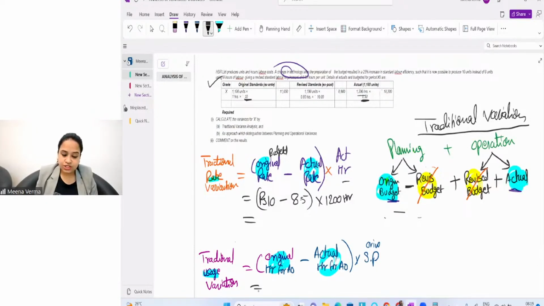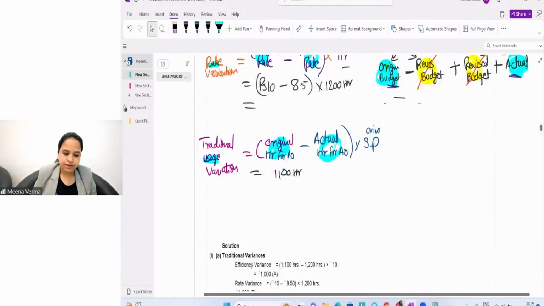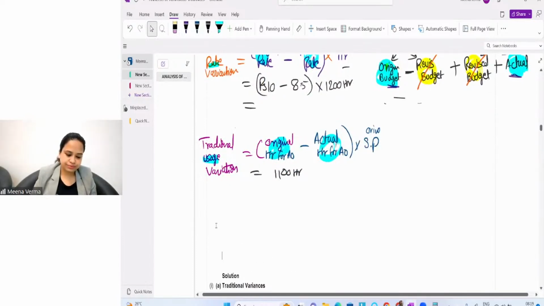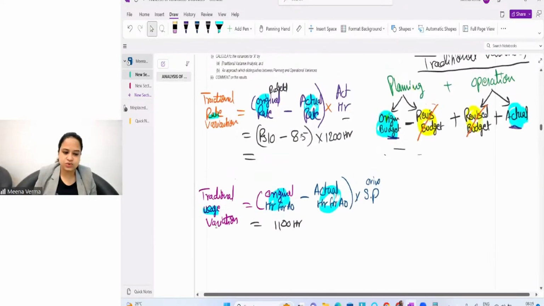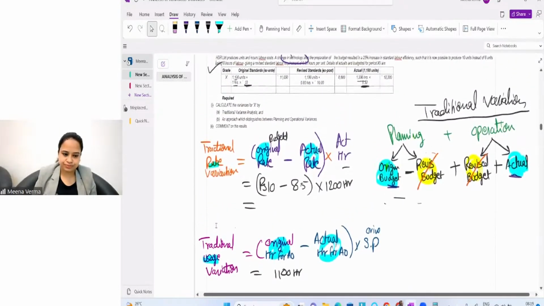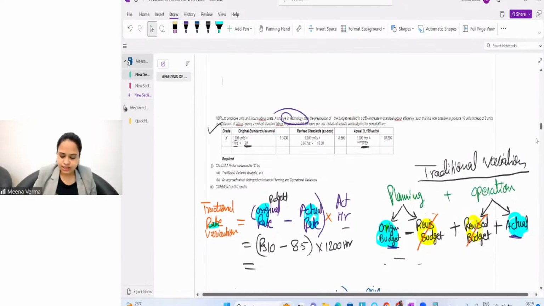Similarly, original hour for actual output. Original hour was 1100 unit into 1, so this will be 1100 hour. This was your original hours. Then see what is the actual hour here in the question.